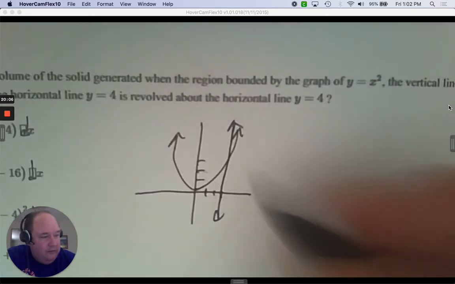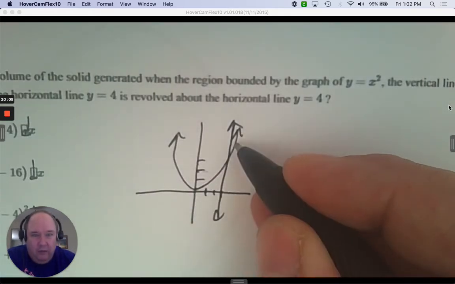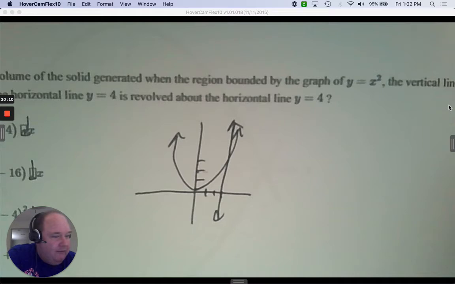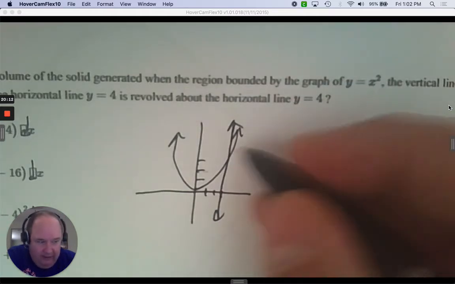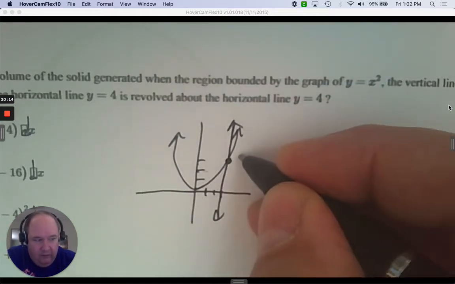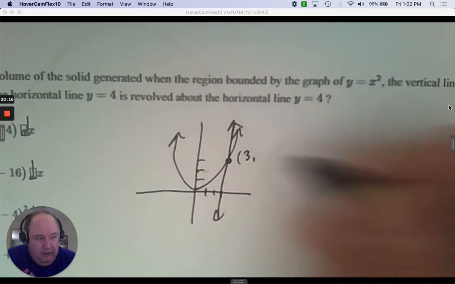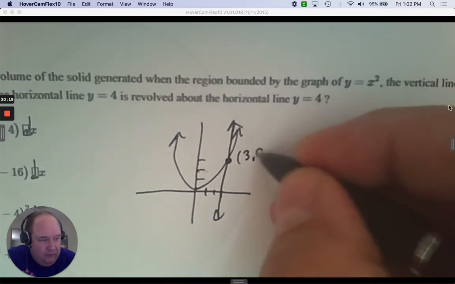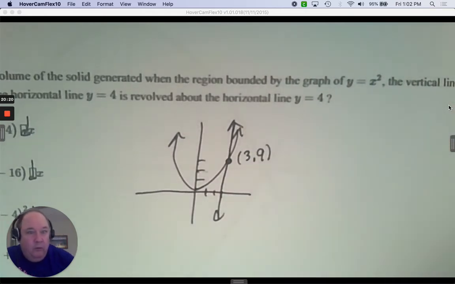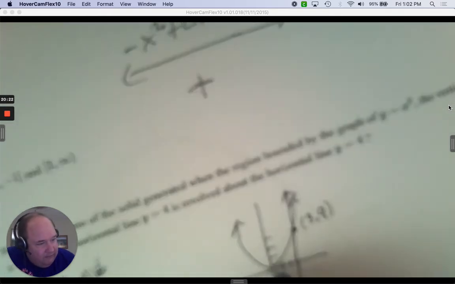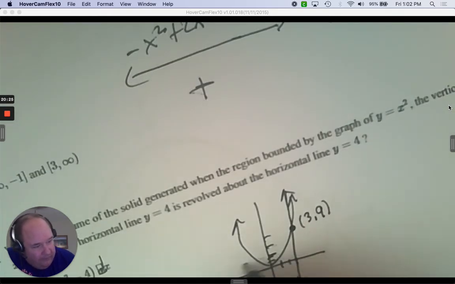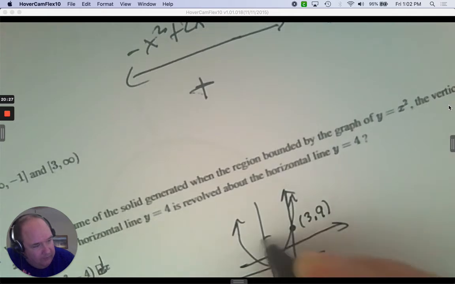Now, let me be accurate here so that we can get a sense of this. So y equals x squared. If we have x equals 3, this point right here would be 3 and 3 squared, which is 9. So y equals 4 is definitely below that. So let's just draw that. Y equals 4. There it is.